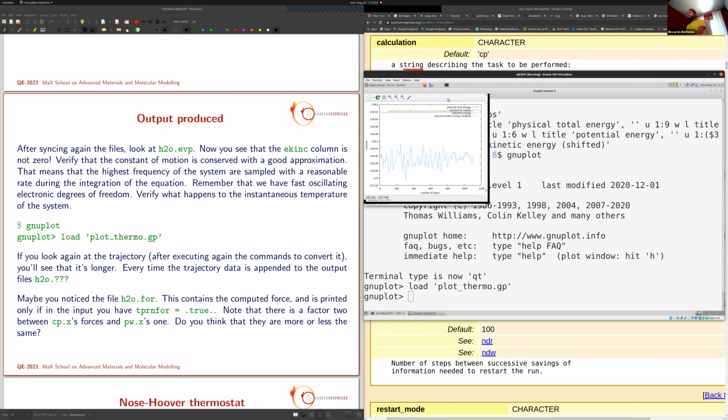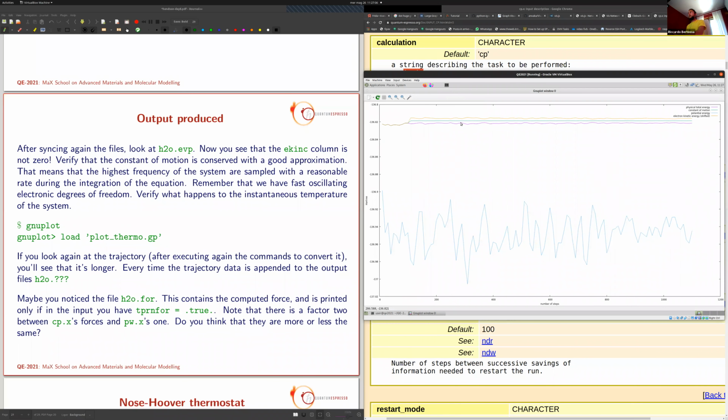Okay, I hope these plots are clear enough. So what are we seeing here? Let's put the grid. We are seeing the thermodynamical output of the code.